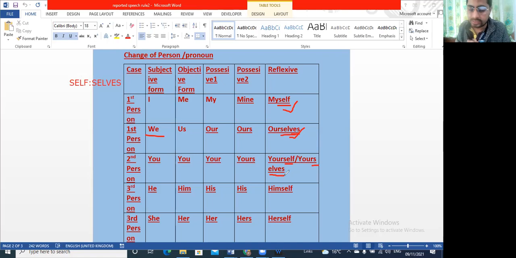Let me tell you an example using a sentence. You do it yourself, SELF, because you here denotes a singular person, singular case. Whenever we talk about plural one, just like I'm using a sentence here, you all should do it now yourselves.